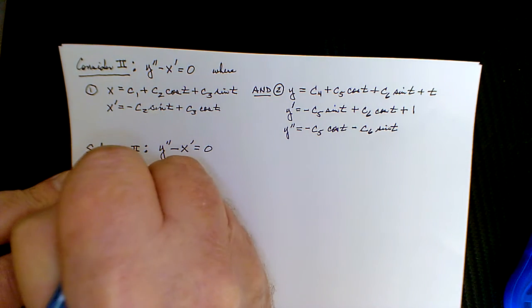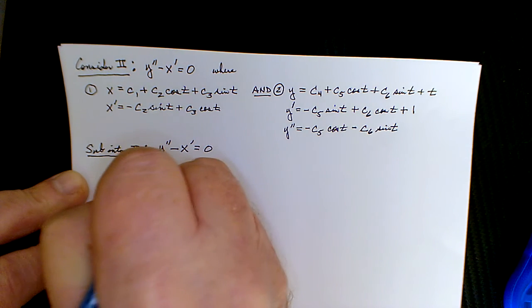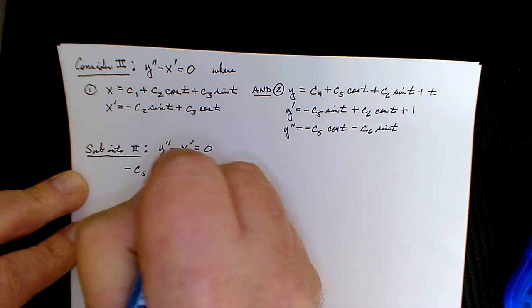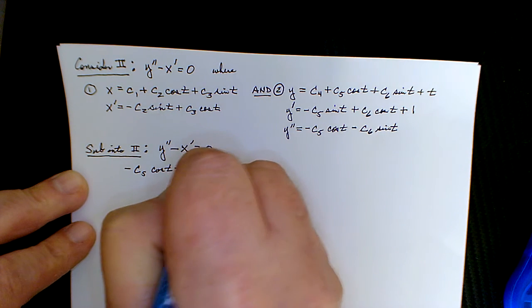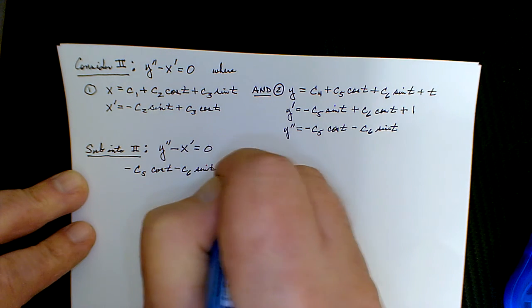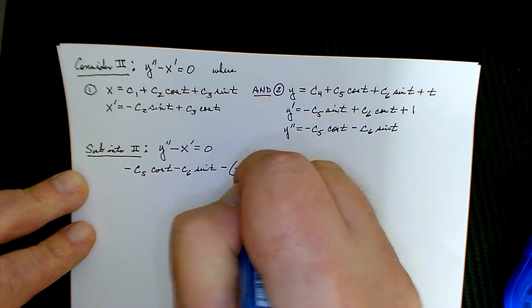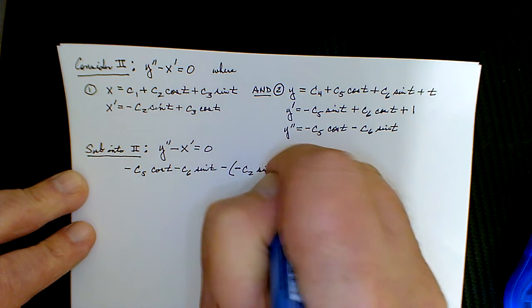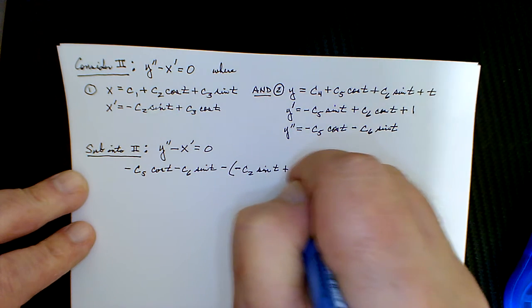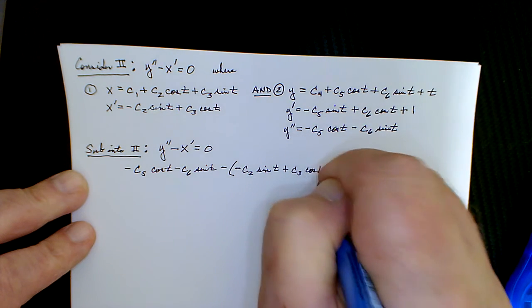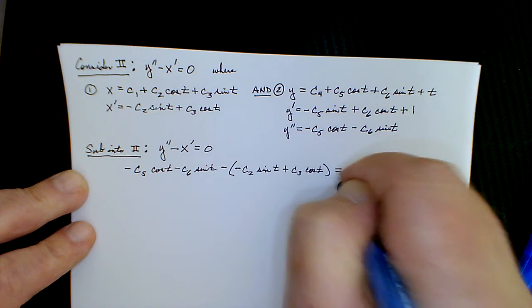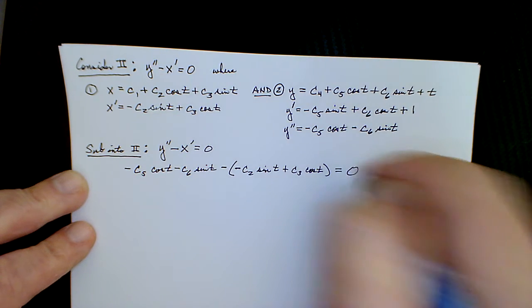So y double prime, minus C5 cosine t minus C6 sine of t, minus x prime, I'll use parentheses here, minus C2 sine of t plus C3 cosine t, and that has to equal 0.